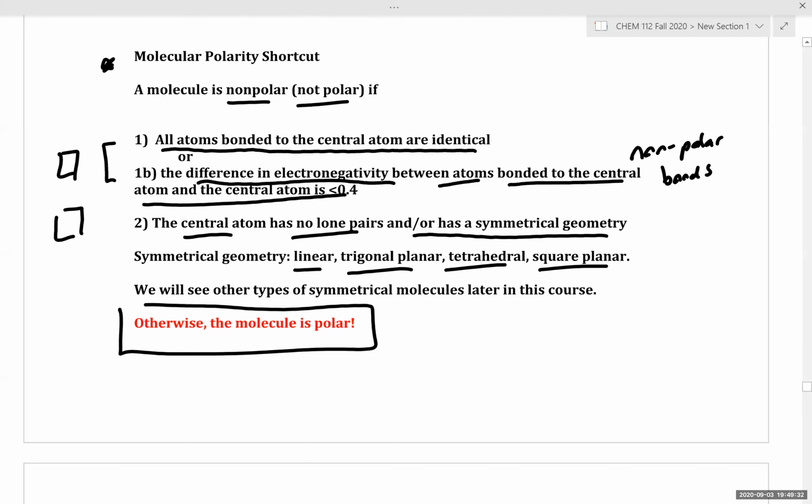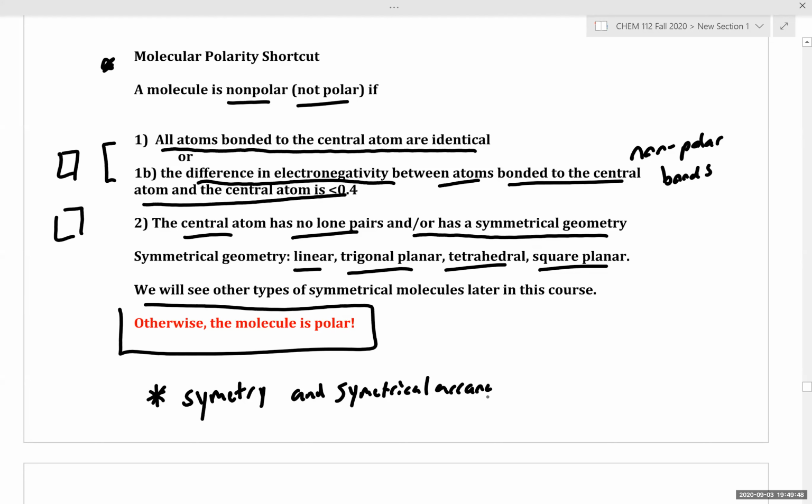Now, one keyword that I want you to focus on when we talk about polarity is this idea of symmetry and symmetrical arrangements of dipoles.